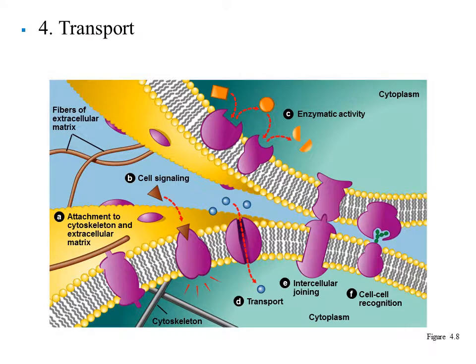The fourth thing a protein that is embedded in the membrane will do is it will be a transport protein. It can form a channel or it can form a carrier and move molecules in and out of the cell. The fifth thing that these membrane proteins can do is intercellular joining.